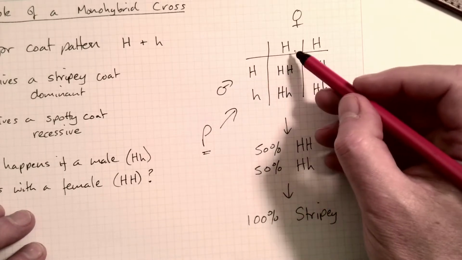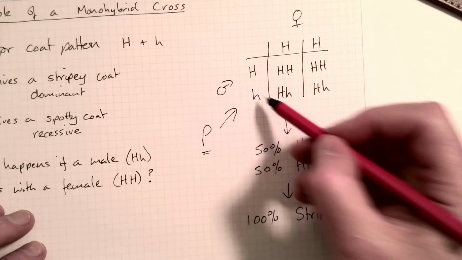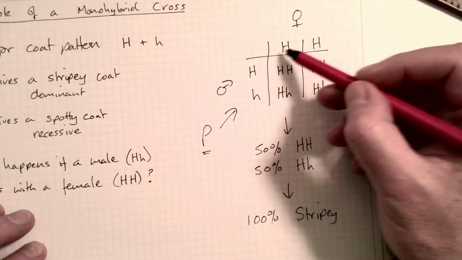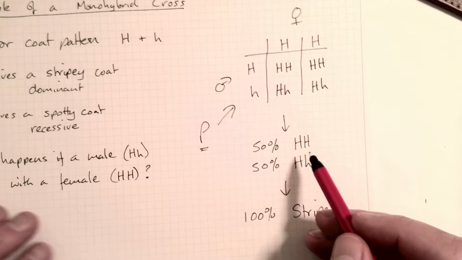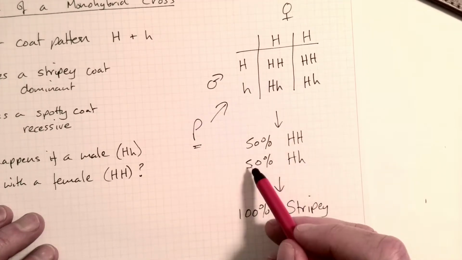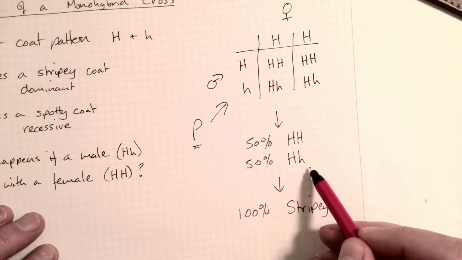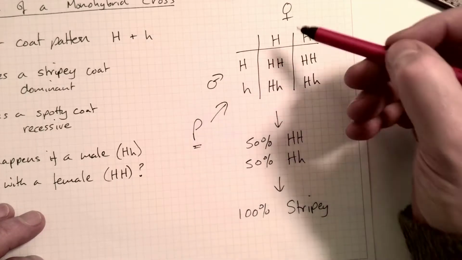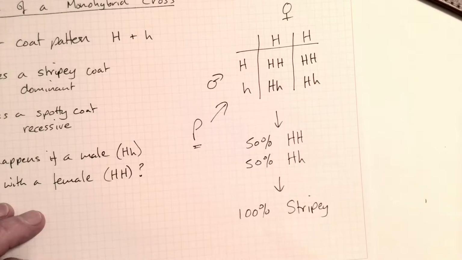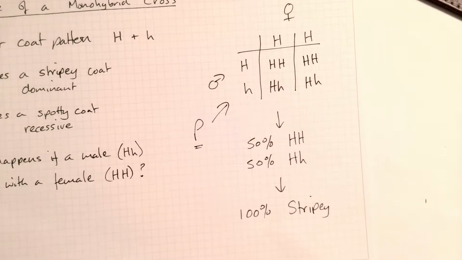We did the cross big H big H with big H little h, homozygous dominant and heterozygous, and we got 50% homozygous dominant and 50% heterozygous offspring. So they're all still stripy. I've crossed these two and all my offspring are stripy. What can I do? How can I get some spotty rodents?